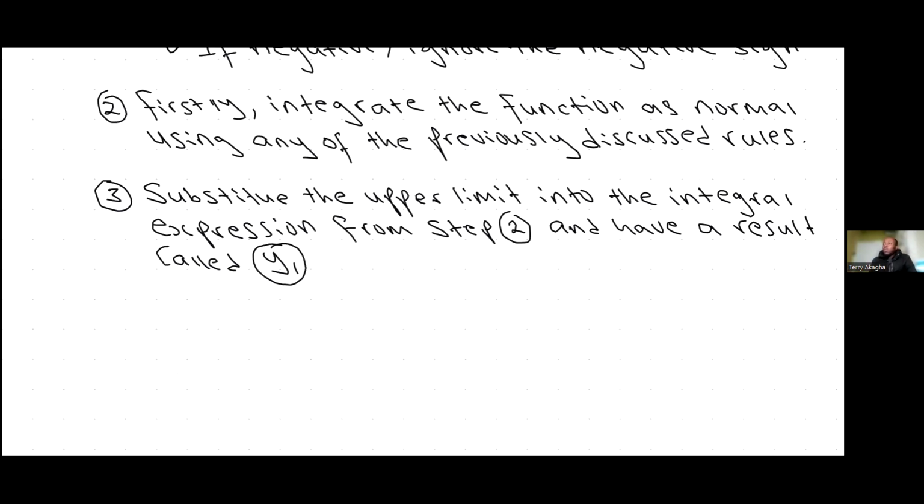Now, number 4, you repeat the same thing with the lower limit. So you substitute the lower limit into the integral expression from step 2, and let's have a value, let's call it y2.